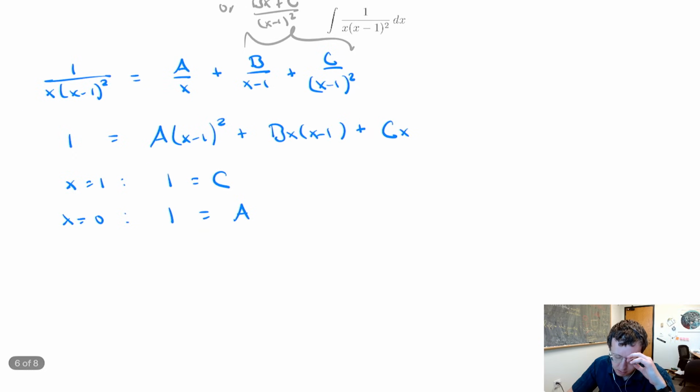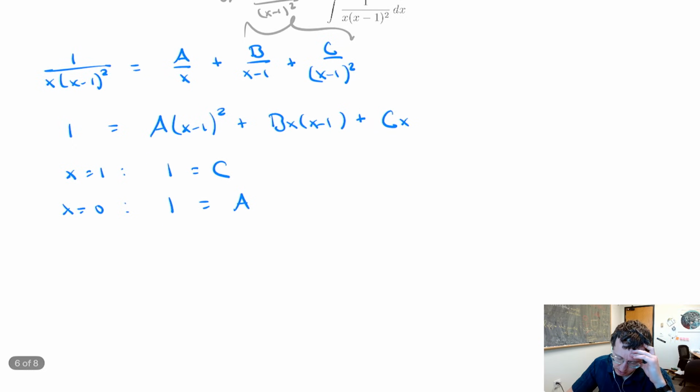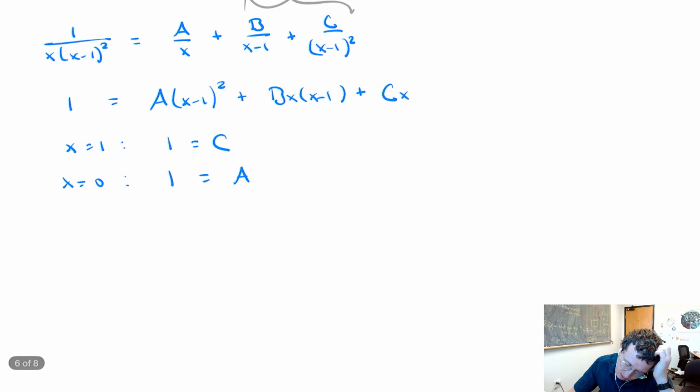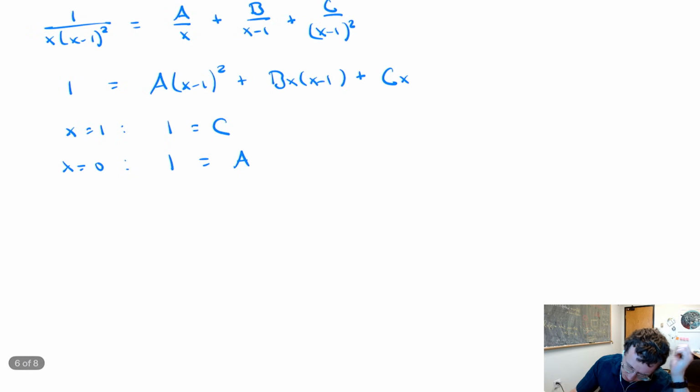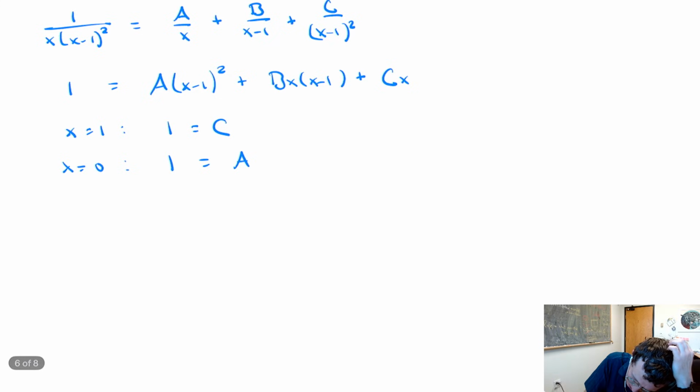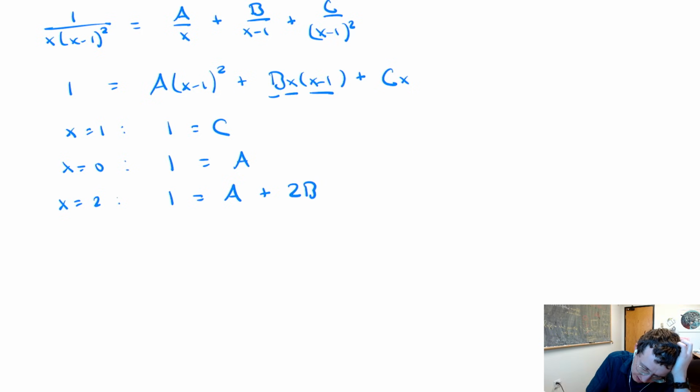Okay, how do I find b? I think now I can just plug in any number other than 0 or 1. I guess I'll plug in 2. It'll tell me that 1 is equal to, let's see, if I plug in 2, I just get 1 squared, which is 1. So I get a plus 2b, because that's b times 2 times 1.